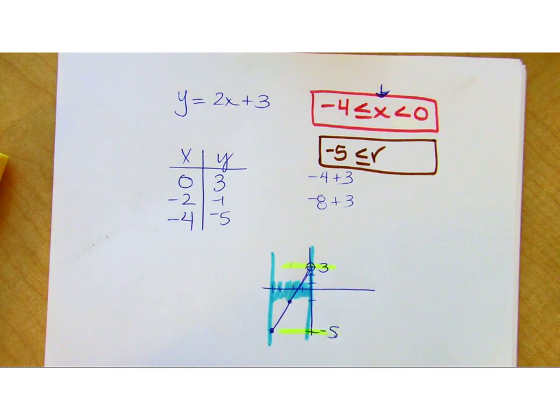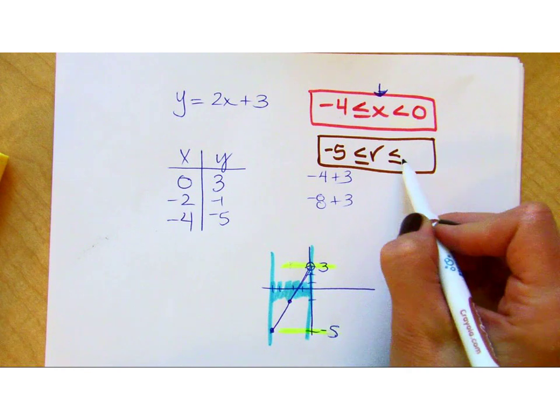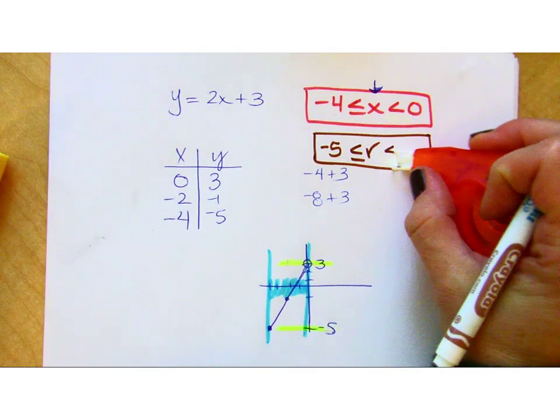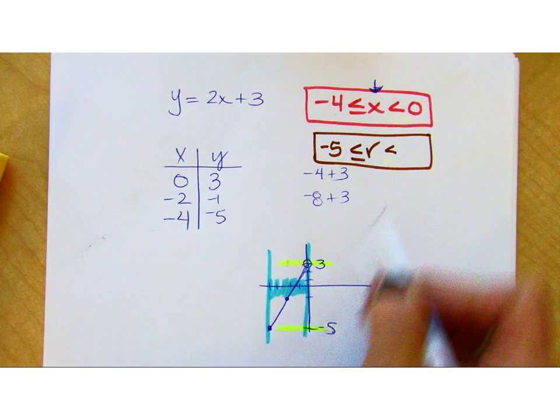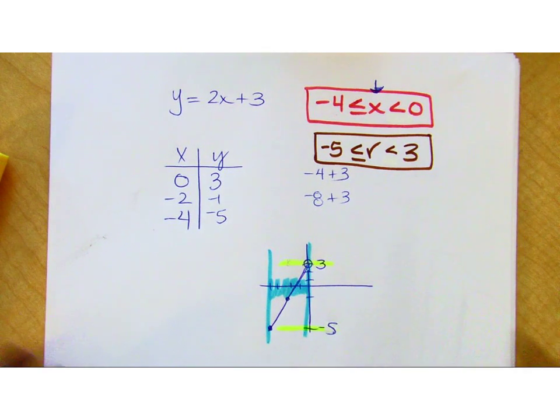Because there's a closed circle. And it can go as high up, but it has to be less than what? 3. Got it? See how easy it is? I've done it twice now in the same 2 minutes. Like with open circle and closed circle, you really have to be careful. So that was the special domain restriction that I wanted to make sure you knew to do the in-between.